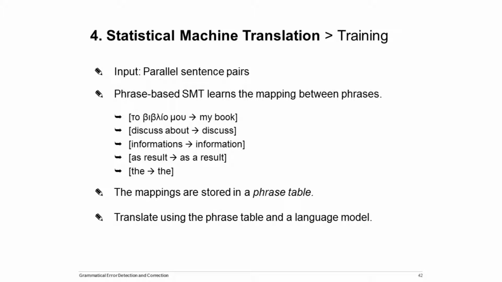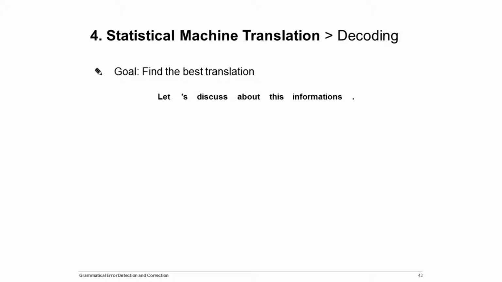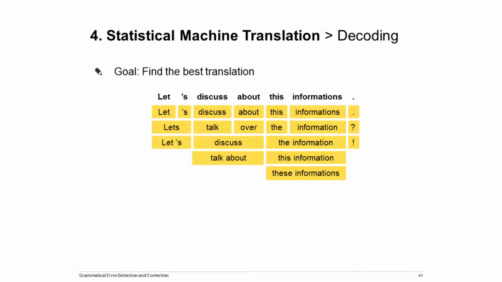So to give you an example of what that might look like, here's the input sentence. Let's discuss about this information, and maybe we've learned this as a phrase table. So these are sort of all the possible ways, potentially, of mapping, there's probably more, of mapping separate sequences to other sequences.